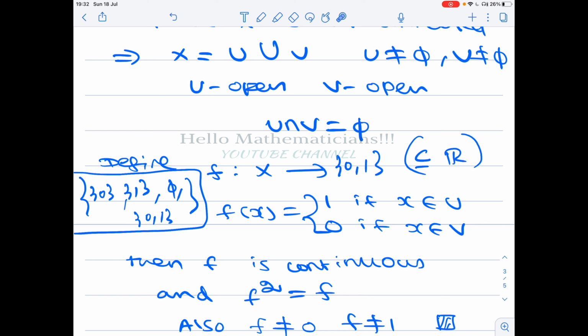Therefore, singleton 0, singleton 1, the empty set and the whole {0,1} are the only open sets. Now you take the empty set. The inverse image of the empty set is empty, therefore open. So this set is fine.